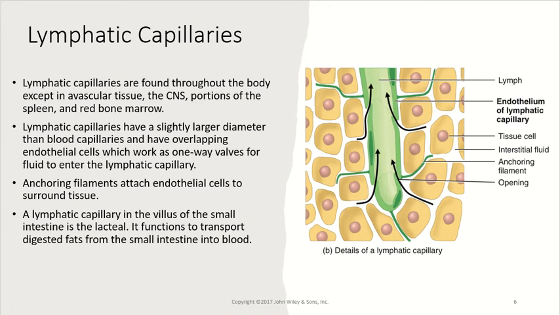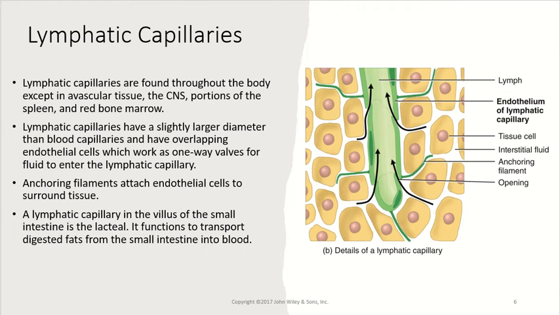Lymphatic capillaries are found throughout the body, except in avascular tissue. This includes things like the central nervous system, as well as portions of the spleen and the red bone marrow. Lymphatic capillaries also have a slightly larger diameter than blood capillaries, and they have overlapping endothelial cells that work as a one-way valve for fluid to enter the lymphatic capillaries.